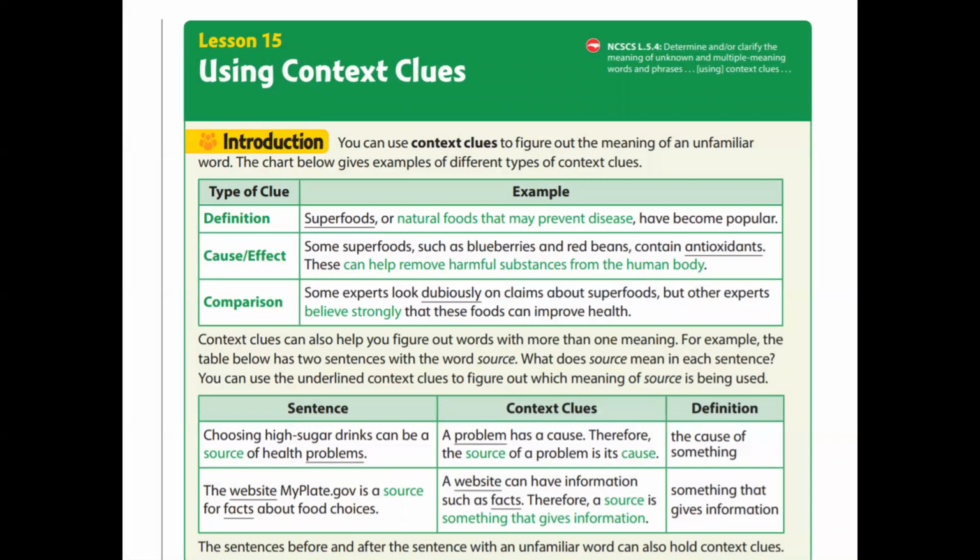Okay. So in the first sentence here, it says choosing high sugar drinks can be a source of health problems. A source of health problems. Okay. So how is source being used here?